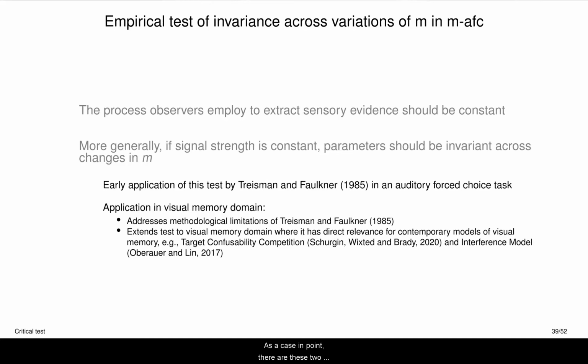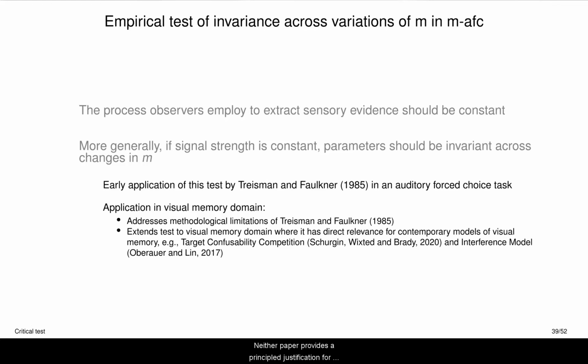As a case in point, there are these two prominent models, the Target Confusability Competition, or TCC model, with Schurgin, Wixted, and Brady, and the interference model with Oberauer and Lin. The details of these models are not important, but I'll just note that the TCC model uses a Gaussian signal detection model as a response function, whereas the interference model uses a Luce model as a response function.